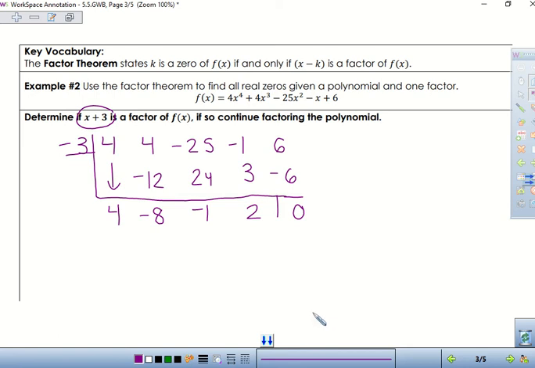So, as you can see, that means that x plus 3 is a factor of this polynomial, right? So, how can we represent the quotient here? What is that going to be written as? 4x cubed minus 8x minus 1... plus 2. And we know that if we multiply that by what we divided by, this whole thing would represent the polynomial.